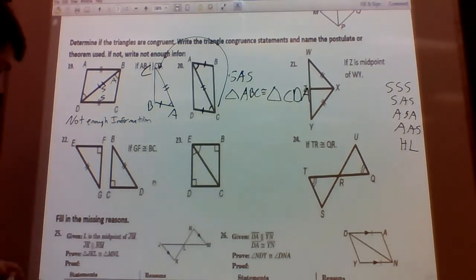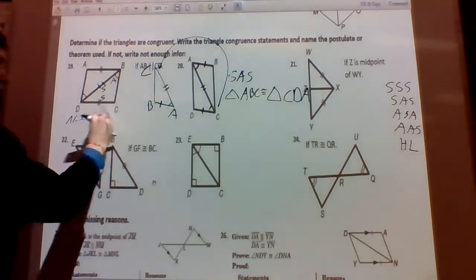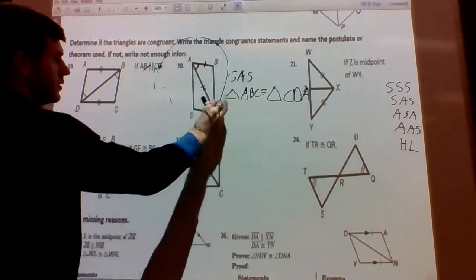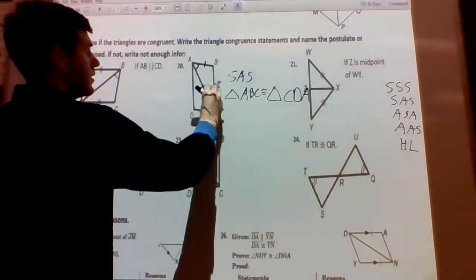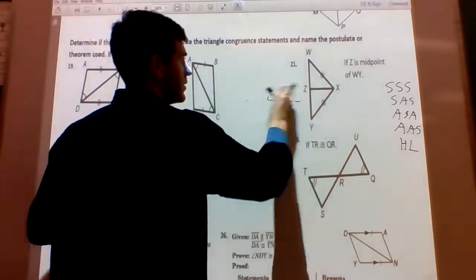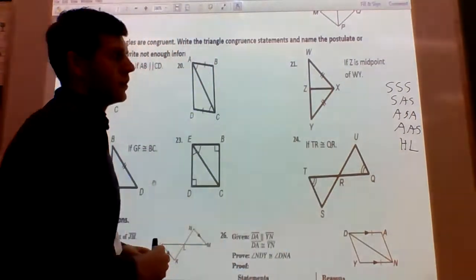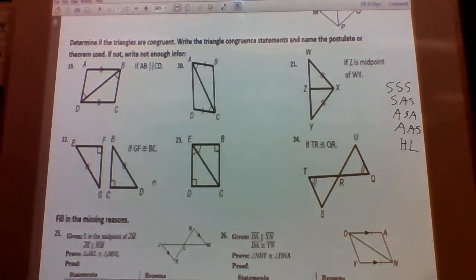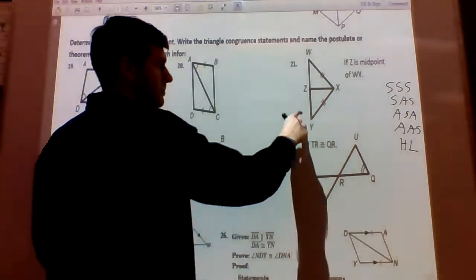Let me erase all this and let's do 21. So it says Z is the midpoint of WY.